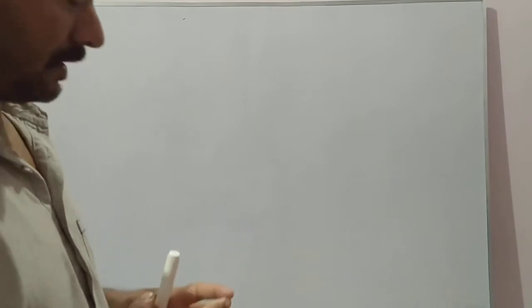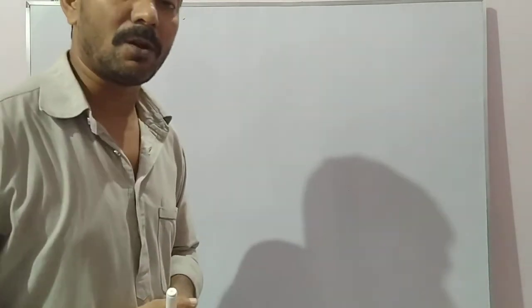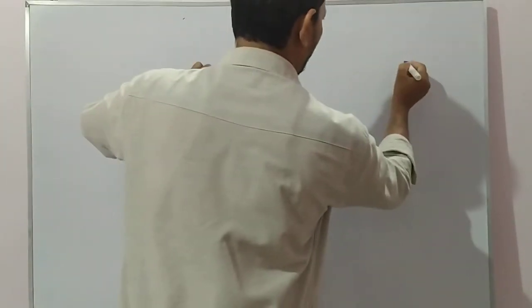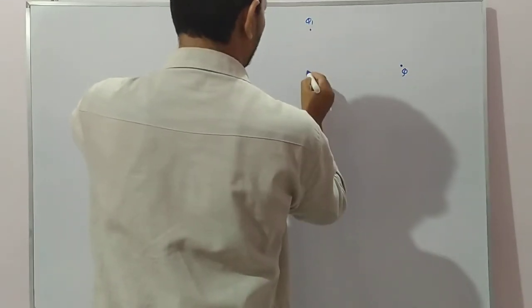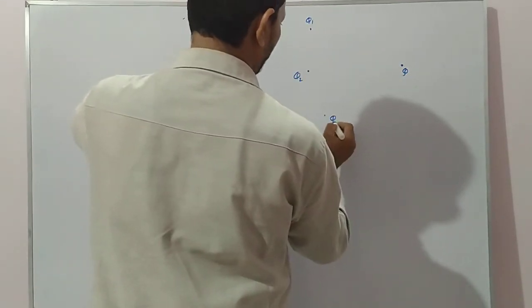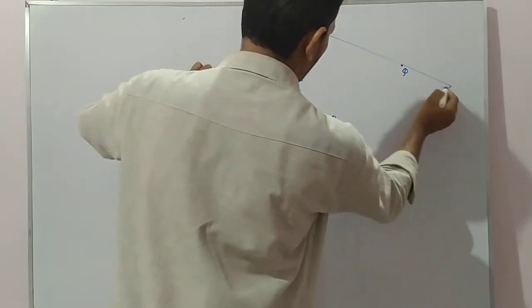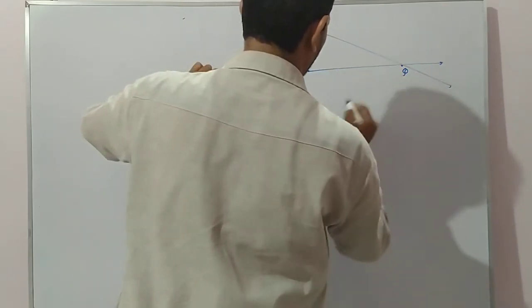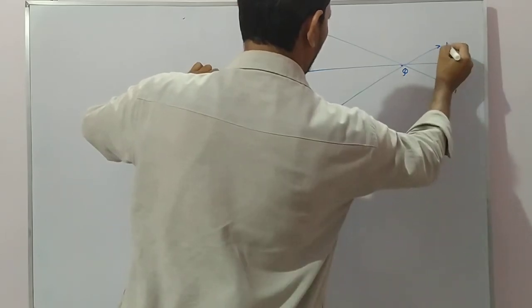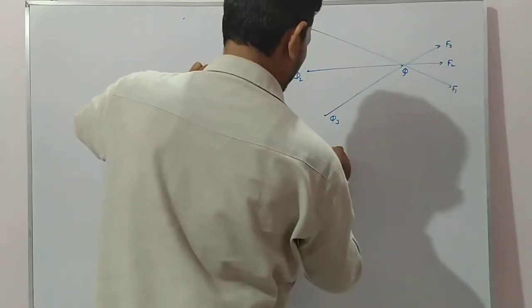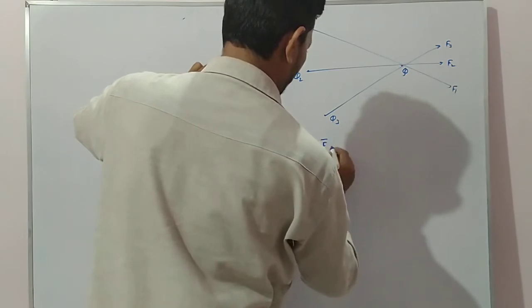In the last physics class we covered the properties of Coulomb's law. The last property given is that the net force acting on a charge Q due to a number of charges Q1, Q2, Q3 is the vector sum of all the forces acting on it.